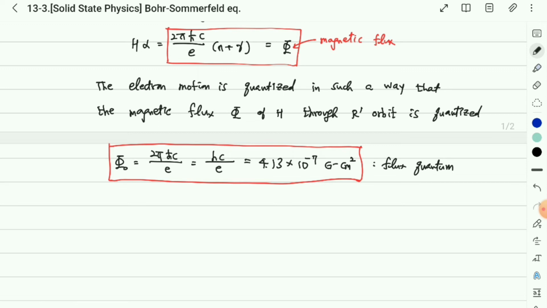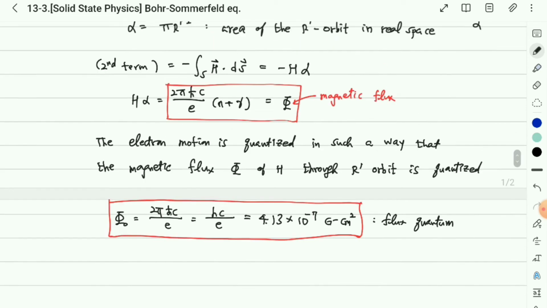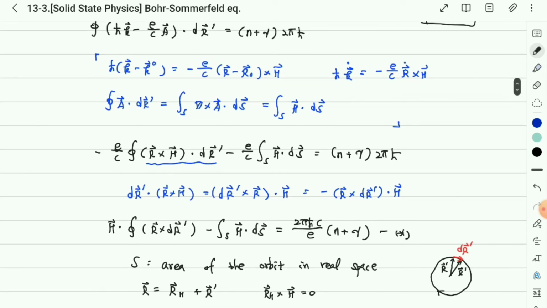Then here, we already say that there is a relation of the real space and the momentum space, and from previously, we know that it comes from the Lorentz force, and it is k space. The left hand side is k space, and the right hand side is real space. Therefore, we can think that there is a real space and momentum space relation.